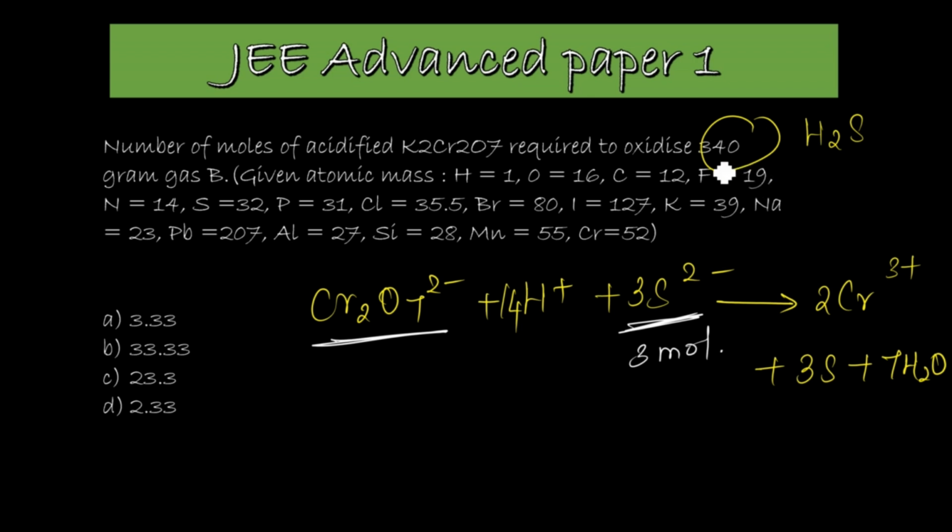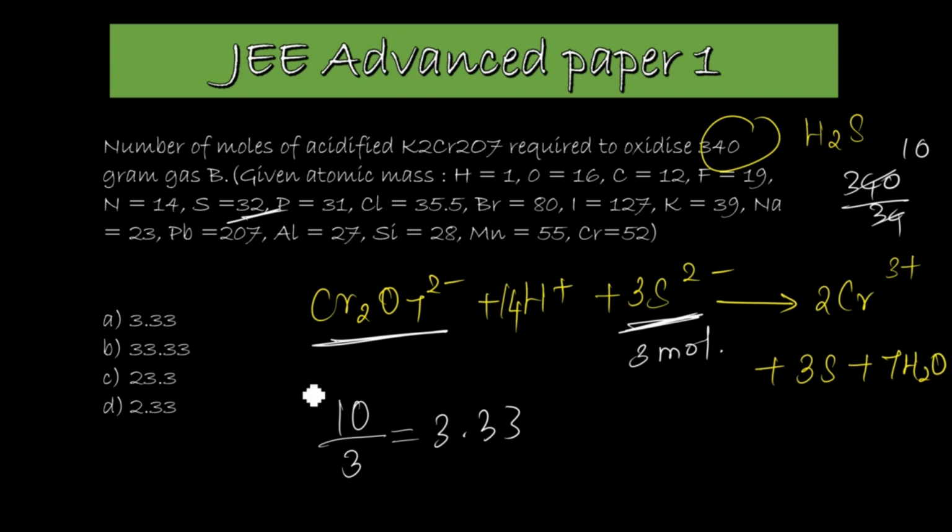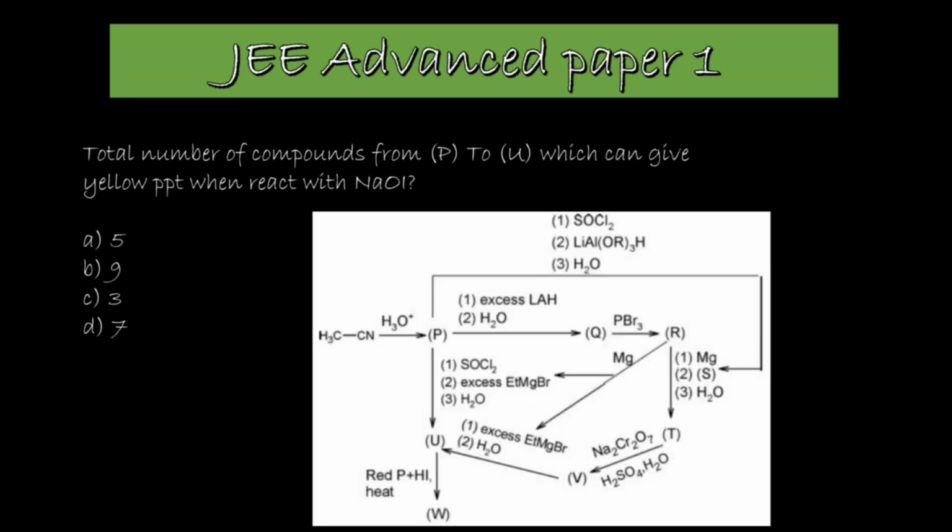Because 340 gram is given. Sulfur is 32 and 2 hydrogens, so 340 by 34, which is 10. So for 10 moles, how many moles would be required? 10 by 3, which is 3.33 moles of potassium dichromate needed. So option A would be the right answer.